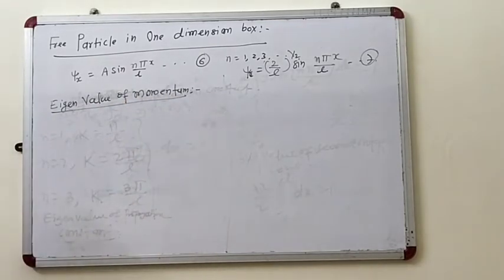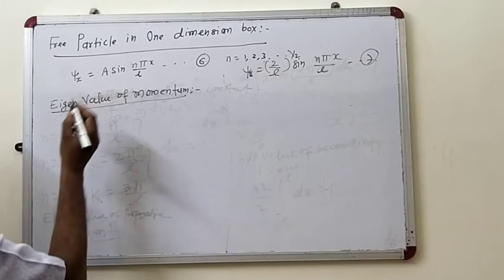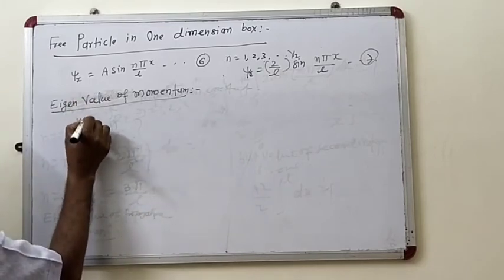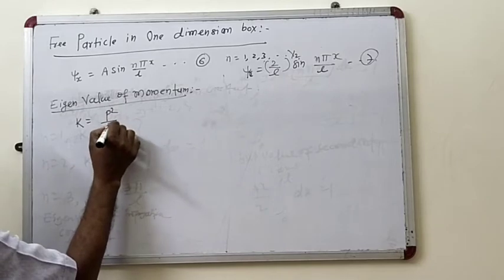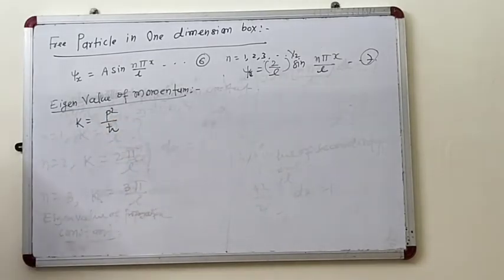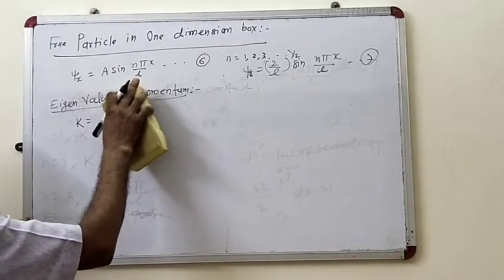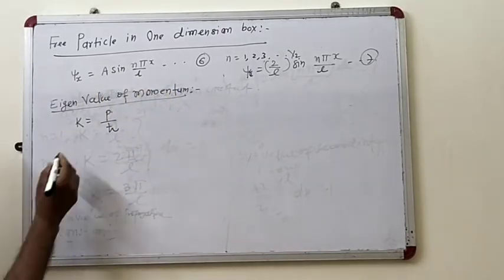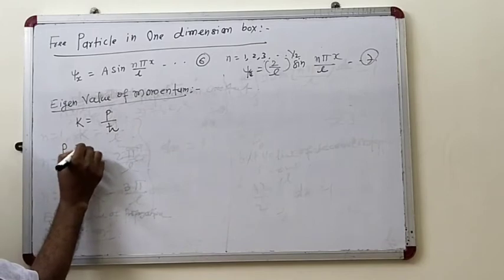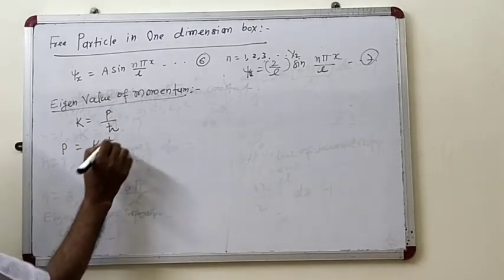We know k is nothing but p by h cross. Therefore, p is nothing but k h cross.